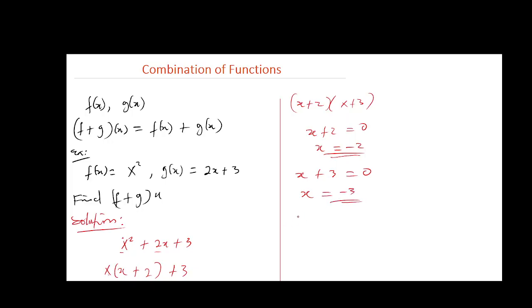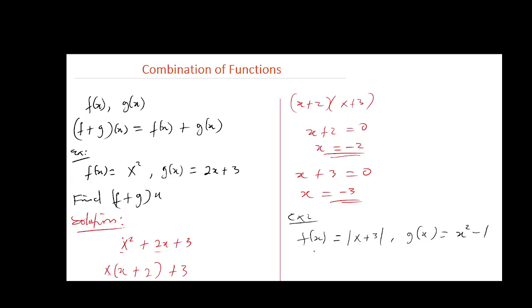Let's take another example where you are given that f of x is equal to the absolute value of x plus 3, and our g of x is x squared minus 1.